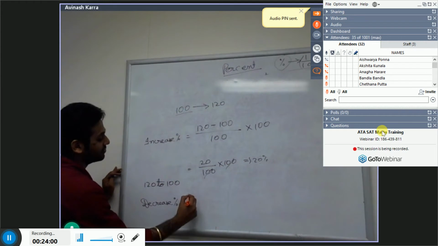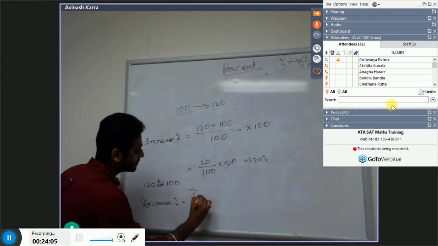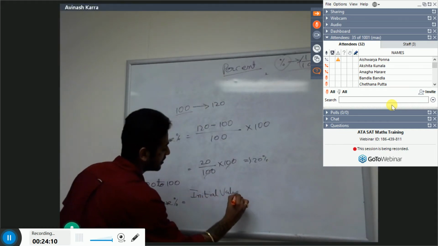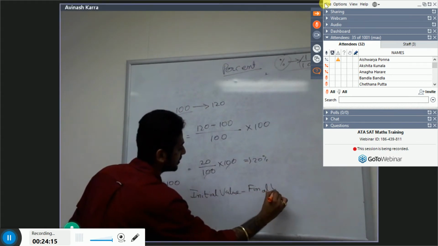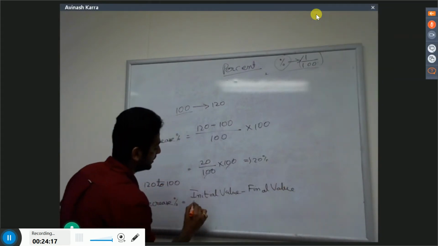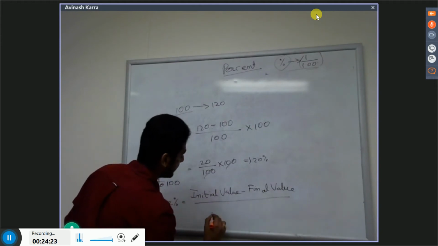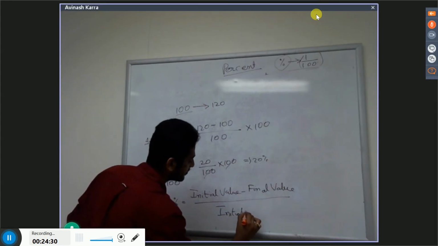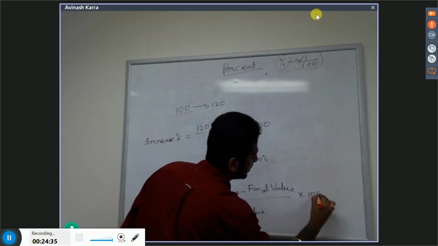Here in decrease, it comes as initial value minus final value, by initial value, into 100%.